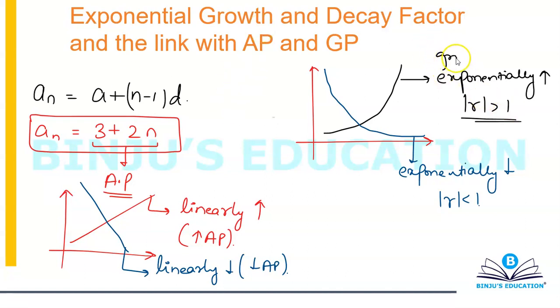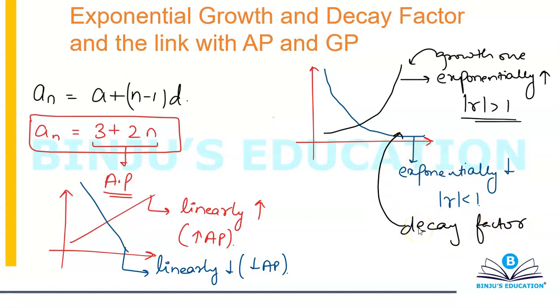This one represents the growth one. This will be the graph whenever you have a growth factor. If in case you have a decay factor, then this is what the graph of decay factors looks like. If they ask you in the exam, they won't, but I just thought let me connect the dots for you.